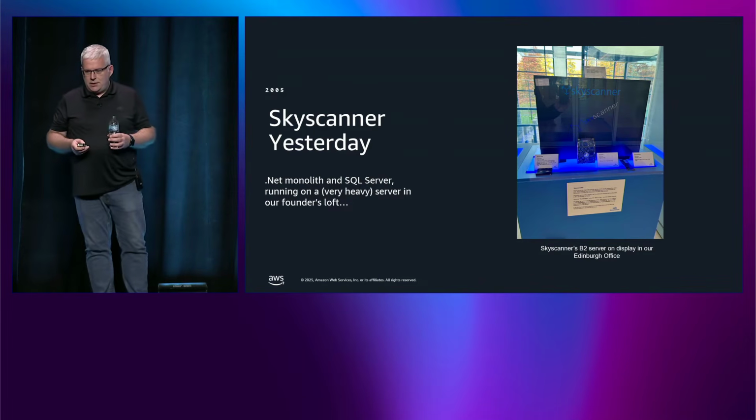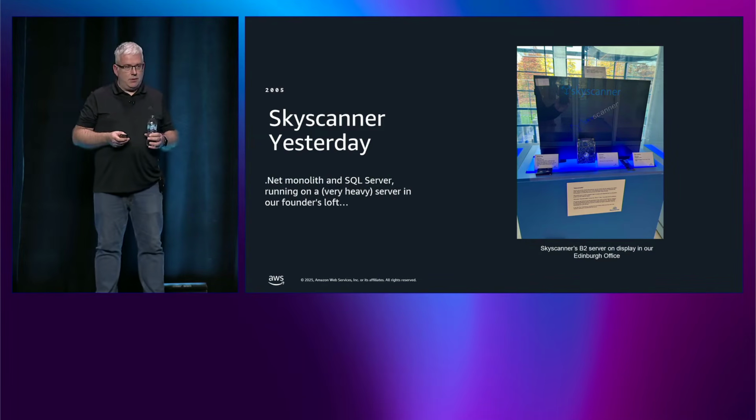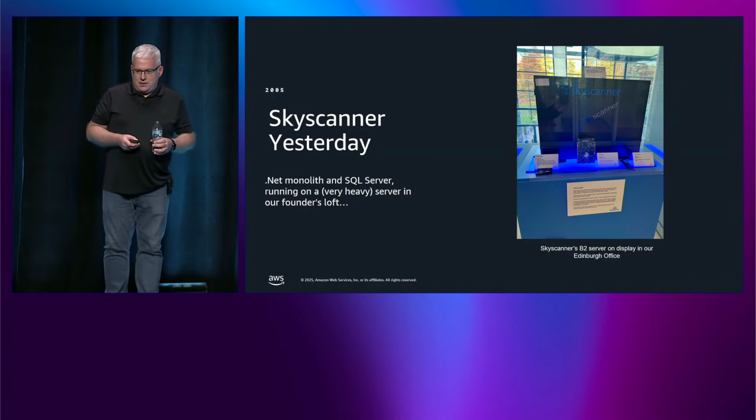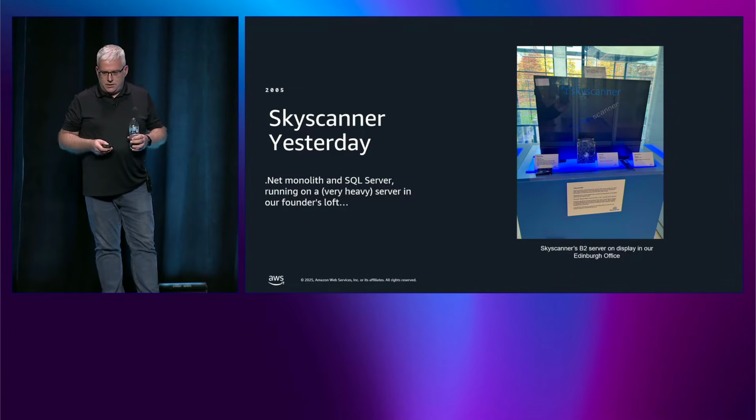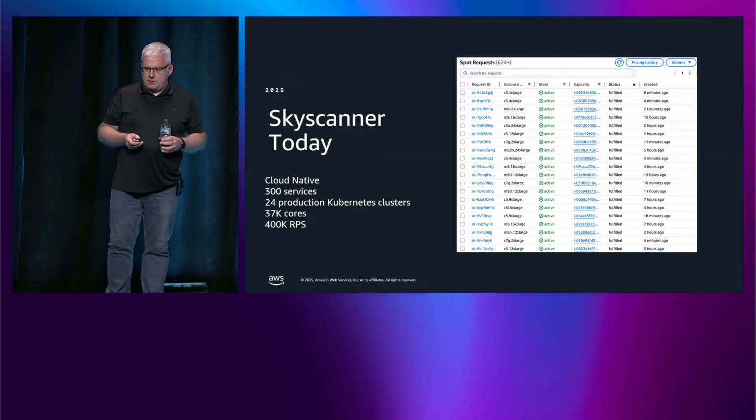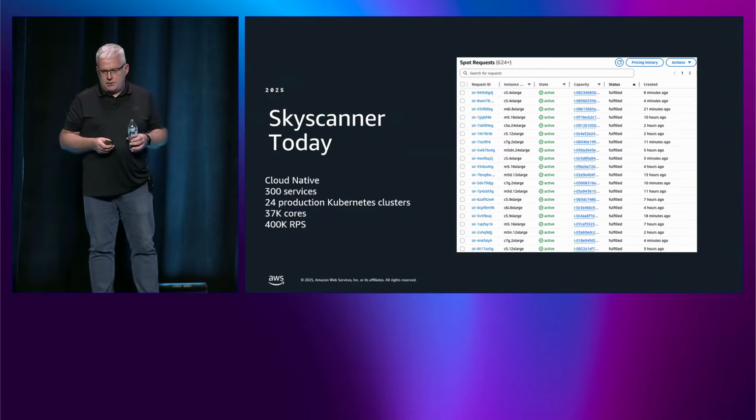Skyscanner yesterday was a .NET monolith on a SQL server on a very heavy server box, which was in our founder's loft. And this now sits in our Edinburgh reception, so you can see how far we've come over the last 14 years. Skyscanner today is a cloud-native system. It's about 300 Java services.